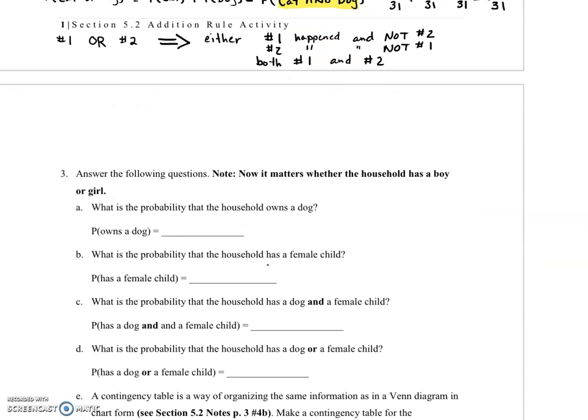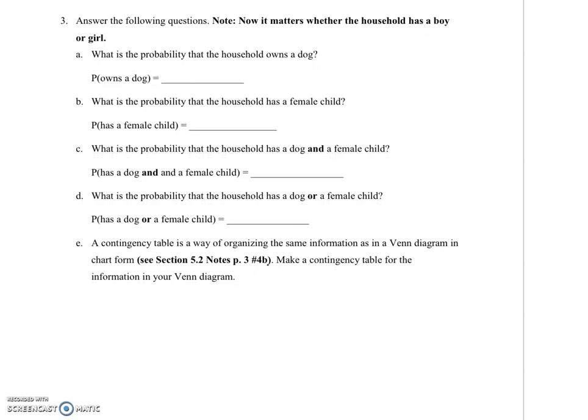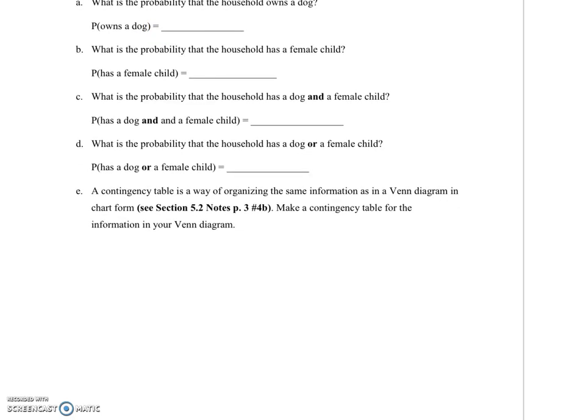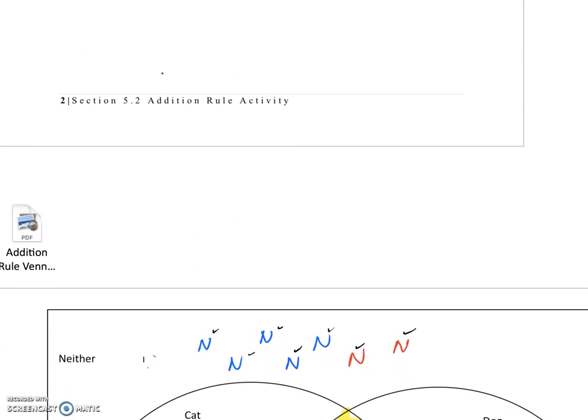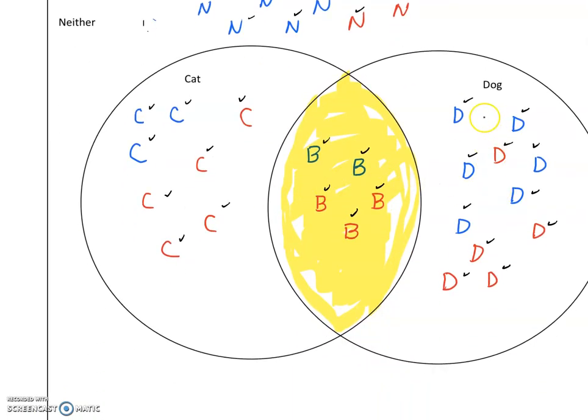So moving down to number 3. Now for this question, it matters whether the house has a boy child or a girl child. So what's the probability the household owns a dog? Well, all we have to do is count all the dogs.